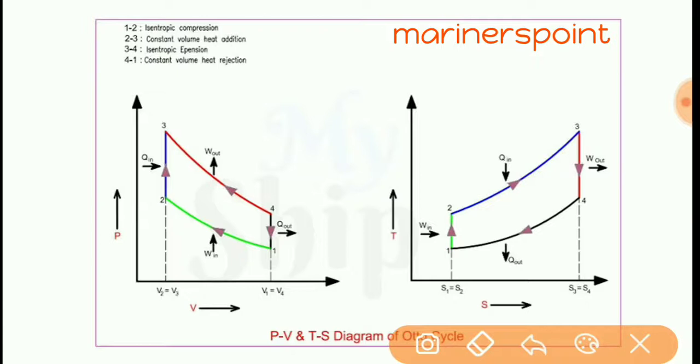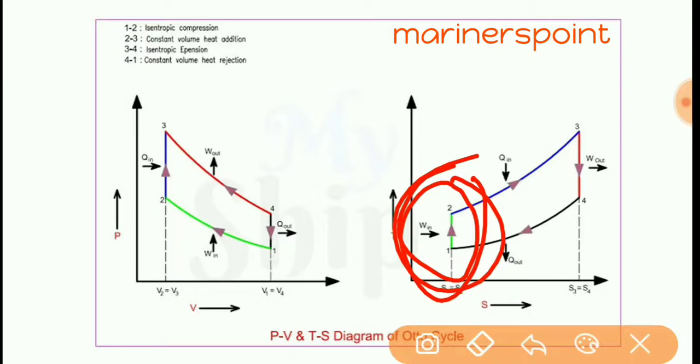Here also isentropic compression and isentropic expansion. Isentropic means our entropy will be fixed. Okay, in the diesel cycle we have more work done, but in the Otto cycle work done is less.